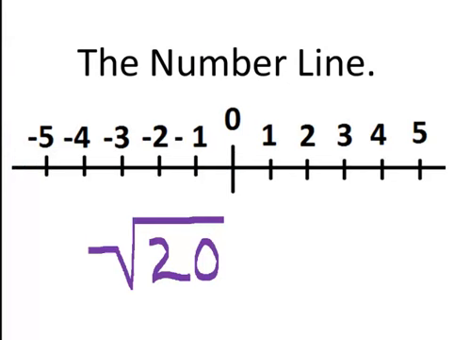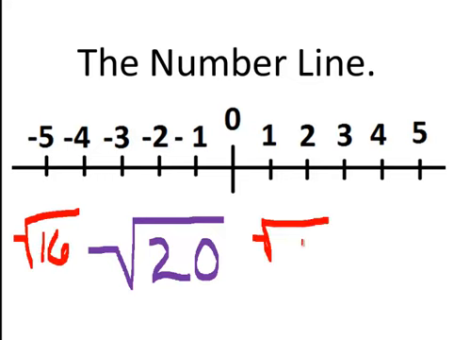All right, so where would the square root of 20 fall on the number line? It turns out that the square root of 20 is a little bit more than 4 and a little bit less than 5. Because you see, it falls between the square root of 16, which is exactly 4, and the square root of 25.